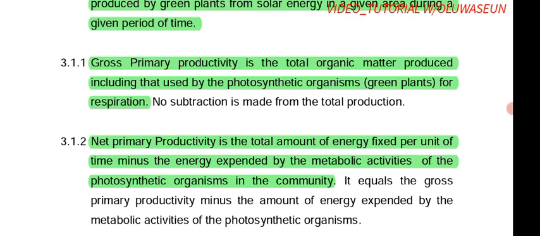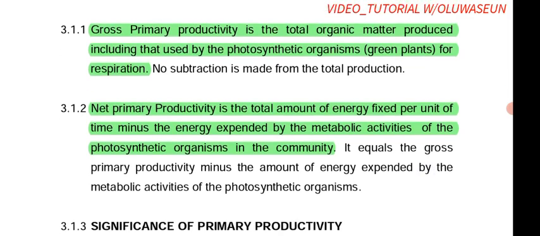That is gross. It's like when you are selling in the market, they will ask you what is the gross profit and what is the net profit. Gross profit is all the money you make, while the net profit is all the money you make minus the total cost of what you produce. Like you bought something for 10 naira and then you sell it in the market for 20 naira.